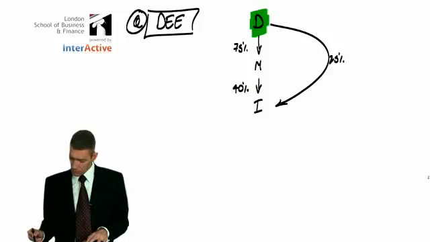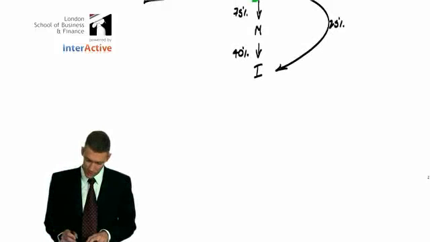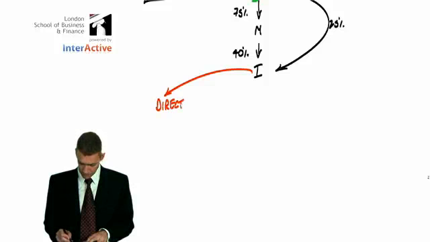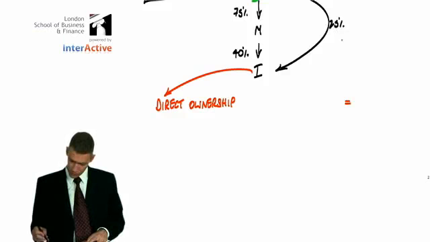So here we go. Let me write this down. I'll use that red pen I used last time as well. Bit of red. Is that working out? Yep. So we have a direct ownership equal to 25%.